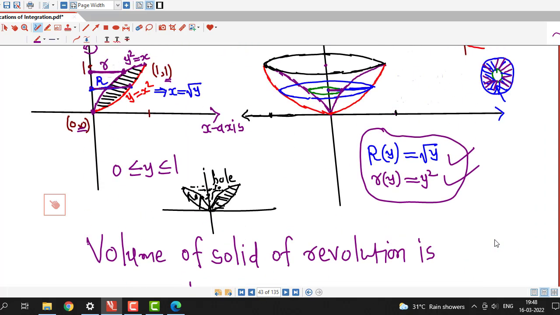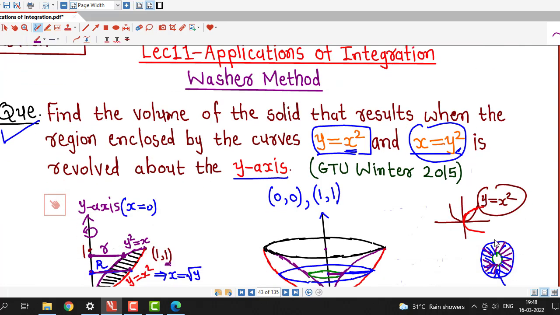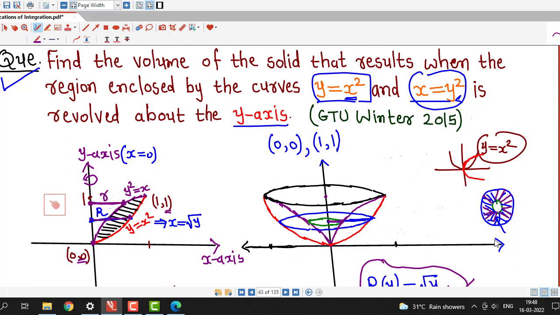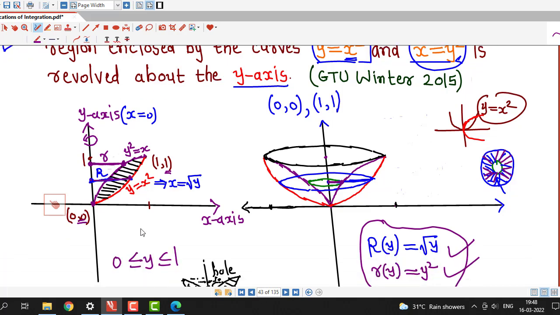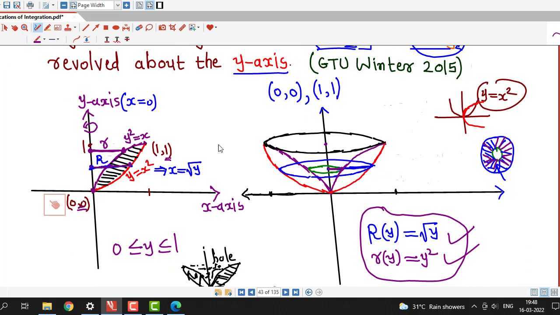So it is easy to find the volume of the solid generated by rotating the region bounded between two curves using the washer method, and this is just for understanding. We have sketched a rough sketch of the solid generated by the rotation of this region about the y-axis.